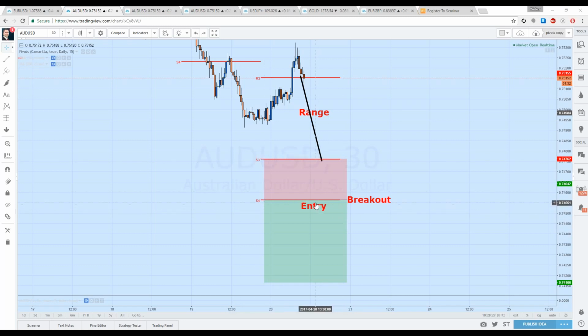What happens if the Aussie dollar does not reach the S4 pivot? There will still be an entry pending at the end of the day.